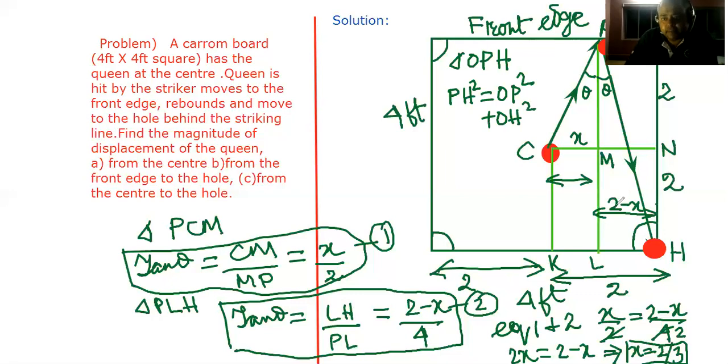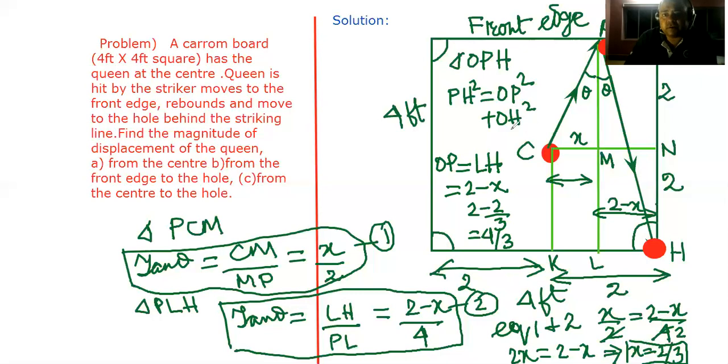OP is the same as LH from the figure. So OP equals LH equals 2 minus x. And what is 2 minus x, children? 2 minus x equals 2 minus 2 by 3. So that will come to 6 minus 2 upon 3, which equals 4 upon 3. So OP you have got as 4 upon 3.